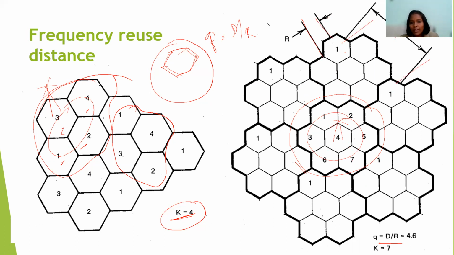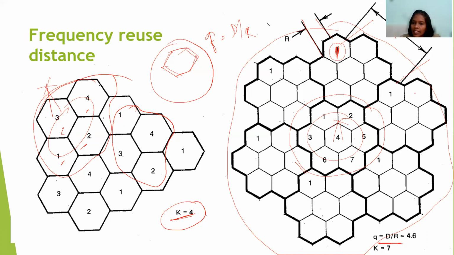So if you take one cell as the reference, then the whole system needs to be designed with one as the reference. In this cell we are taking 1 as reference.